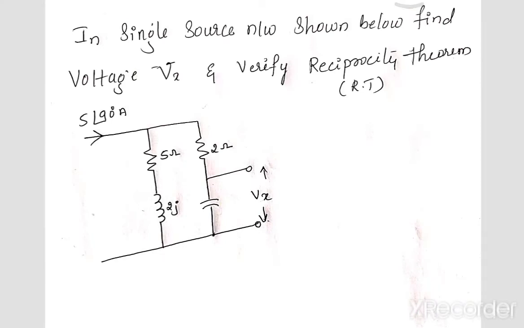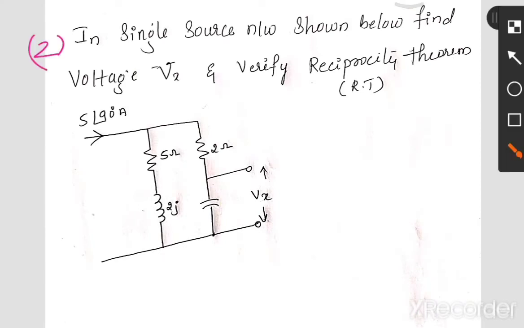We'll see the next numerical: in the single source network shown below, find Vx and verify the reciprocity theorem. They have given a circuit diagram like this. Observe, here they have mentioned pi at an angle 90 amperes. It doesn't mean that here there is an open circuit.